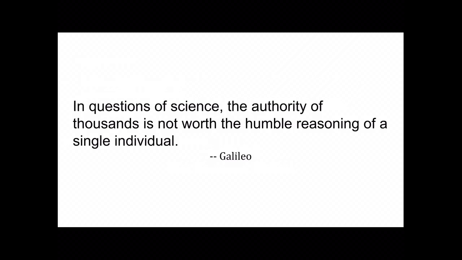So, a single humble individual can have their opinion based on research or based on logic or based on science, and that actually means a lot versus what everybody might believe if it's not really backed by anything.